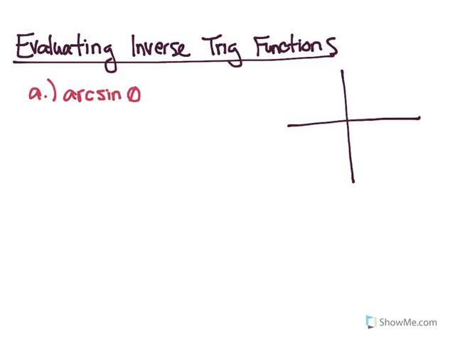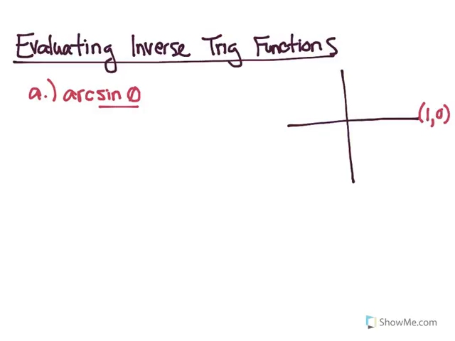In this particular problem, part A, it says, what is the arcsine of 0? And what it's really asking here is, at what degree measure is sine equal to 0? So in your unit circle, I know that that happens here at (1, 0).